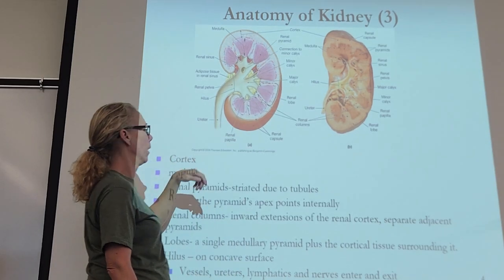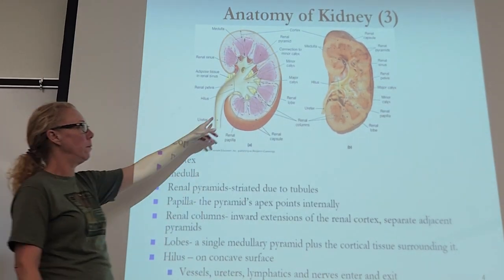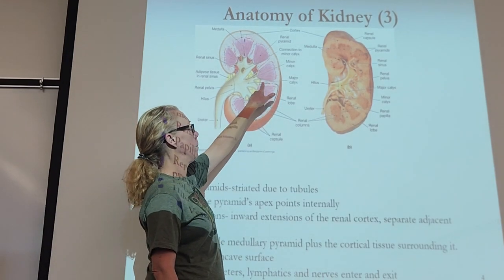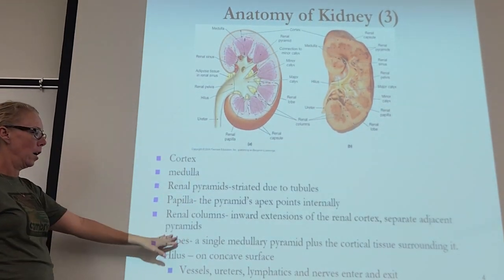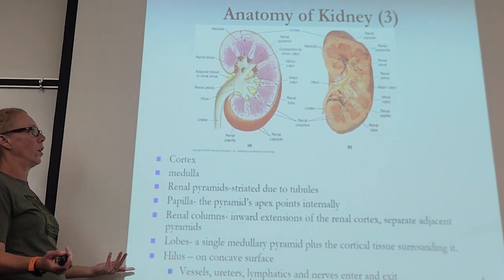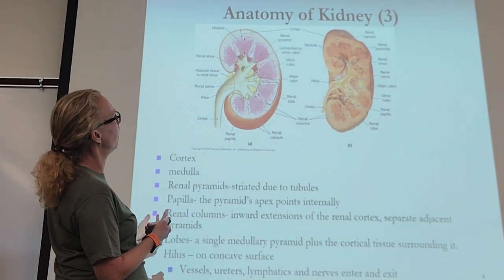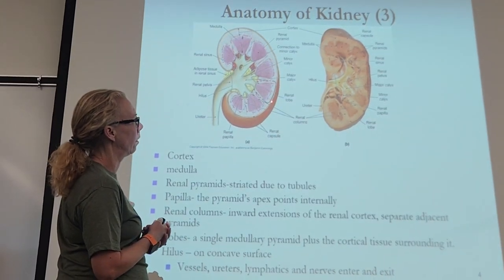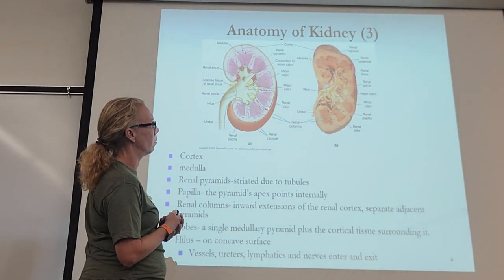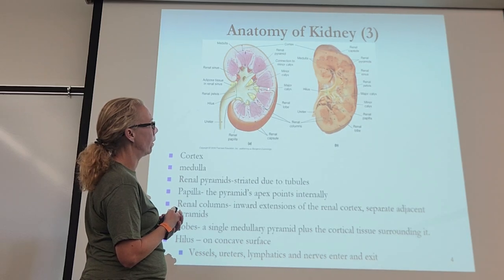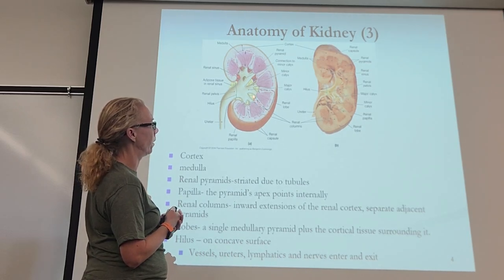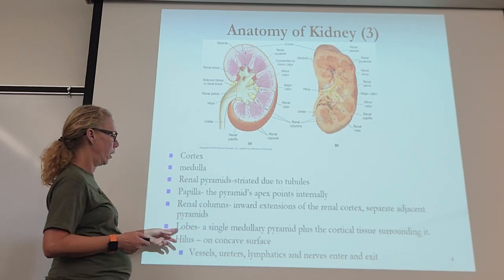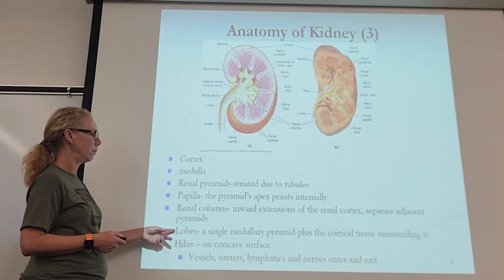Now, renal columns are that part of the cortex that invaginates itself in between the pyramids. So that's a column. And then a lobe, that's probably the only new thing on here. They put a renal lobe in dotted lines right here in black. It's basically a renal pyramid and half of the column of cortex on either side.